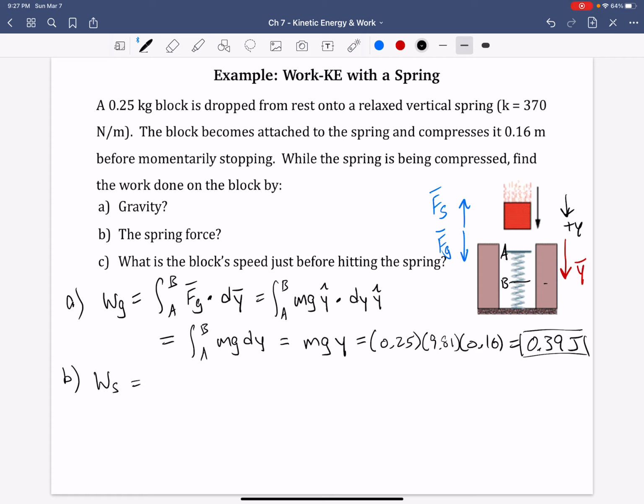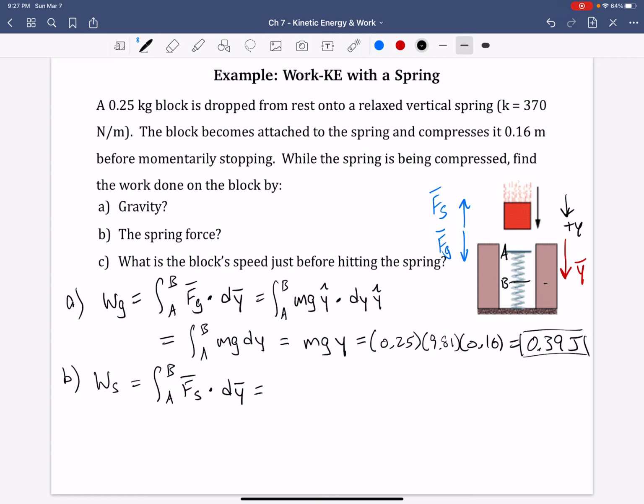In part B, the work done by the spring force, we have the same format, integral of F dotted with some displacement, in this case dy. Now let's plug in. It should be negative, so let's see if that's what we get.